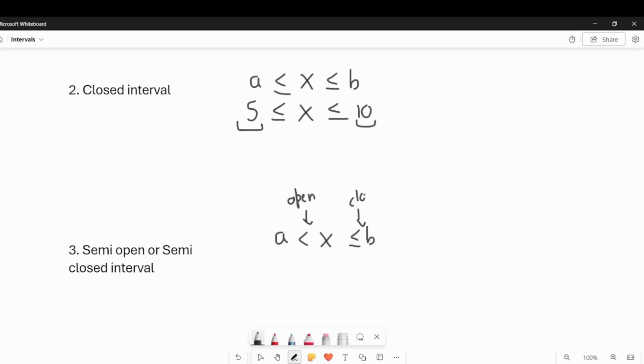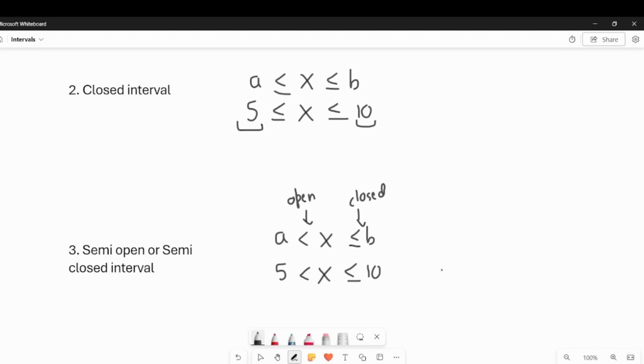That's why we say it is semi-open or semi-closed, because it's a combination of both of them. According to the above values 5 and 10, it will become x is greater than 5 and less than or equal to 10. That means it can take all the values greater than 5 and less than or equal to 10. That means it can take 6, 7, 8, 9, 10, but it cannot take 5 in its values.